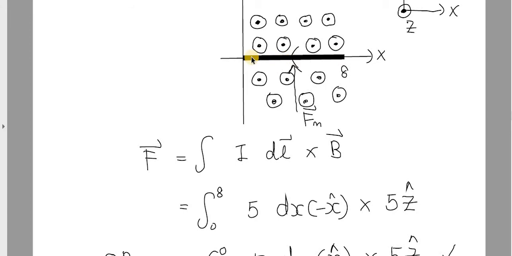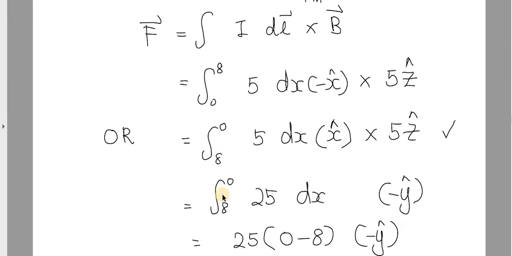The length of the current filament depends on the value of x, so dl will become dx. The direction of dl follows the direction of the current flow, which is the negative x direction, and the cross product with 5 unit vector z. The length of the current filament is 8 units, so you integrate from 0 up to 8.